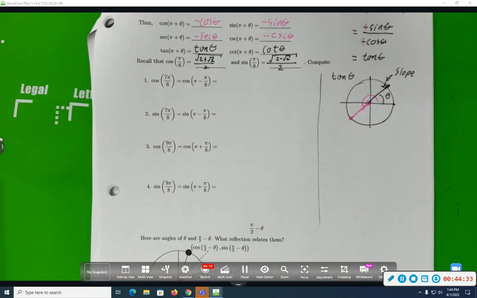Let's compute some other trig functions using them. So we can understand an angle of 7 pi over 8. That's the same as starting at 0, going forward by pi, and backward by pi over 8. So that's the same as cosine of pi minus pi over 8. What does cosine do when you put pi minus a thing inside of it?